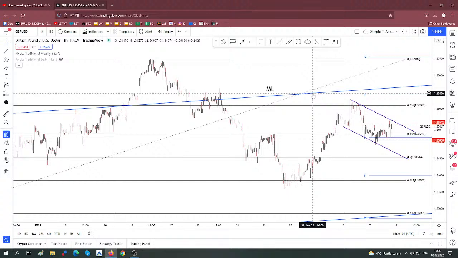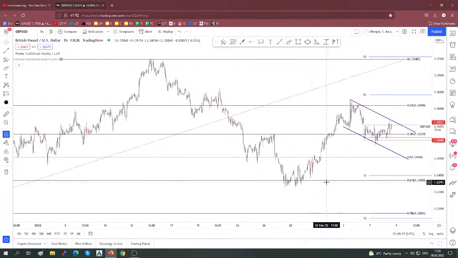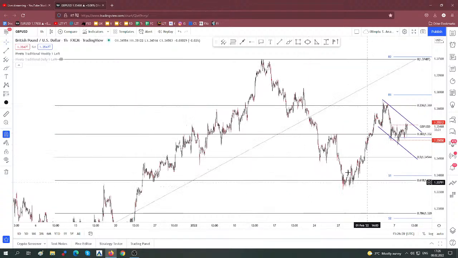So correction here 61.8, it has found support here. I want to open a trade, but I'm quite unsure. If you are unsure, Alan, please look for something else. And the trade only if it breaks out after 1.3552. So something like this in the short term, corrective phase.